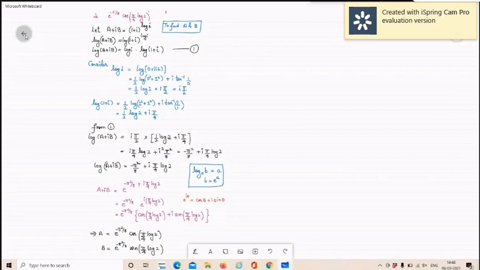Ma'am, can you explain the log substitution part again? The last part, the part in purple.